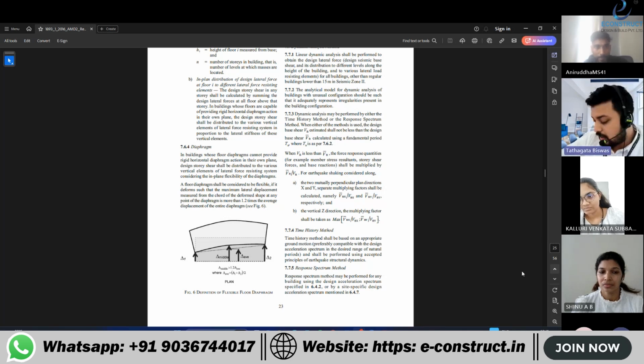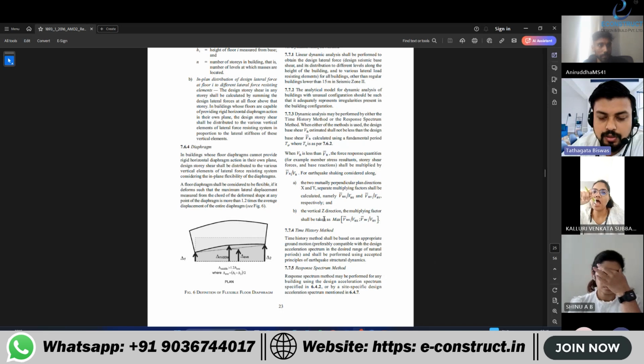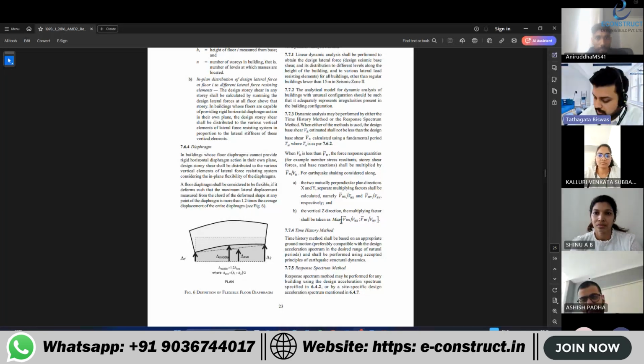Yeah, so it is basically talking about the scale factor. You might have already done it quite a few times. For the vertical z direction, as we have discussed earlier in one of the sessions, whenever you are taking earthquake, the maximum scale factor between x and y needs to be considered.